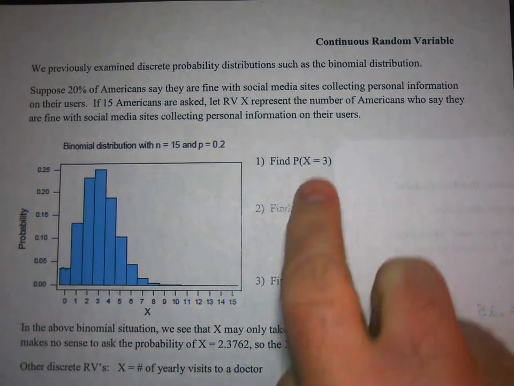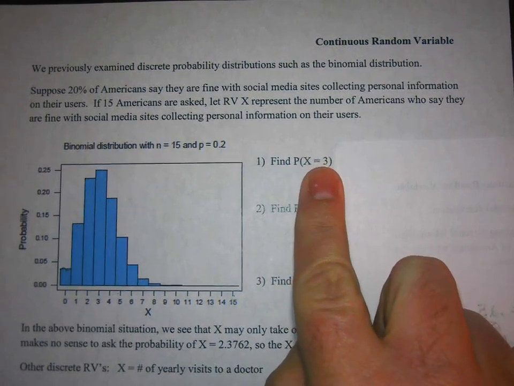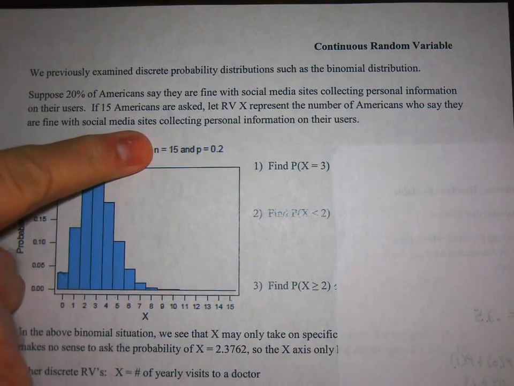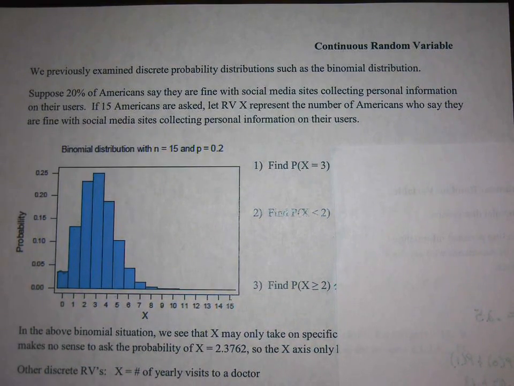So if we answer number 1, find the probability that x equals 3. Remember, as a sentence, what that would mean is if you chose 15 Americans, because n is 15, find the probability that exactly 3 of them said they're fine with social media sites collecting personal information. We can use the binomial formula or our calculator functions, but that's not what we want to focus on here.